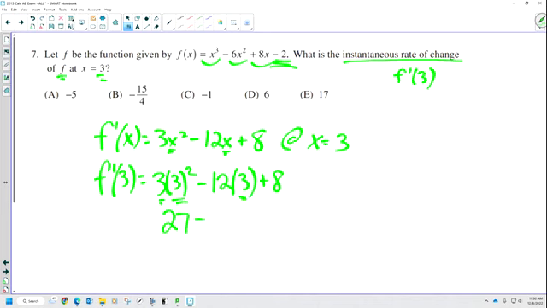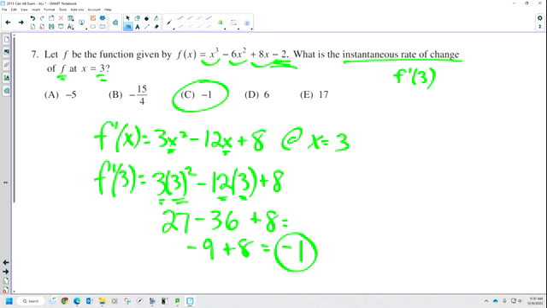Minus 3 times 12, 36, plus 8. All right, 27 minus 36, what is that? Negative 9, plus 8, negative 1. There you go. Choice C, basic. Good thing we use L'Hopital's rule, huh? And derivatives, really helps.